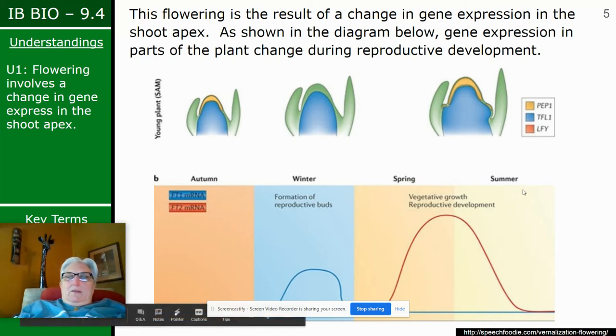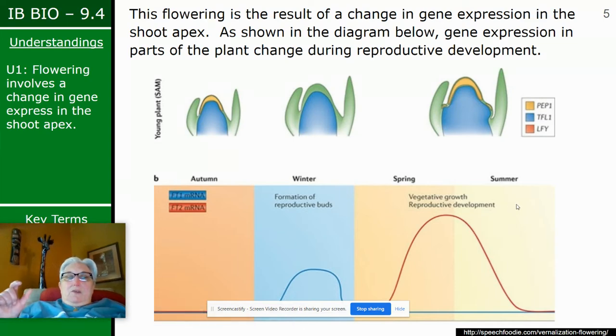Plants that are going to flower in the summer, the reason they do is because there's a shorter window of nighttime, and plants that'll flower here in autumn will flower because there's a longer window of nighttime, so darkness.